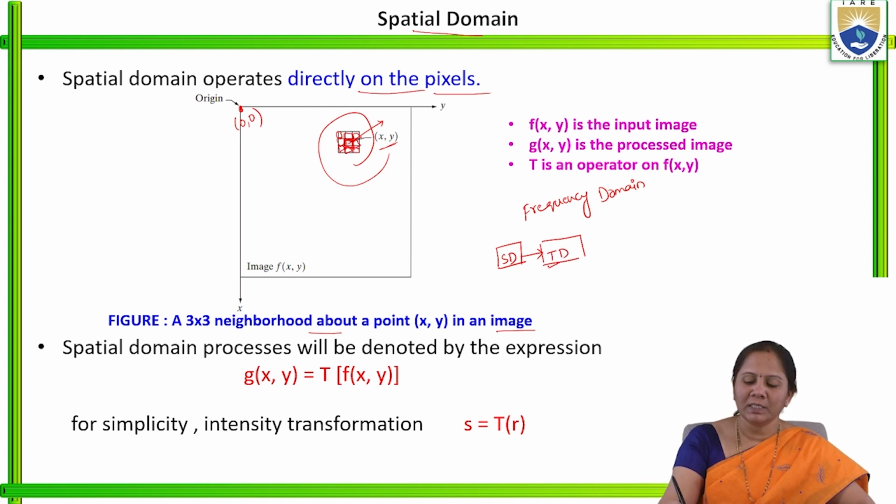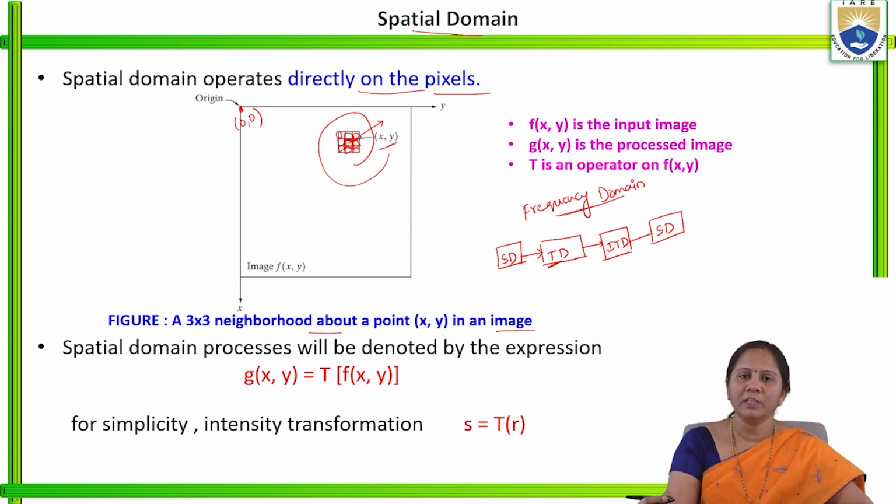Here the basic transform that can be applied is the Fourier transform. After the transform domain, it is converted again by the inverse transform, that is, the inverse Fourier transform will be applied. And again the image is converted into the spatial domain. So this is the operation that happens in the frequency domain.